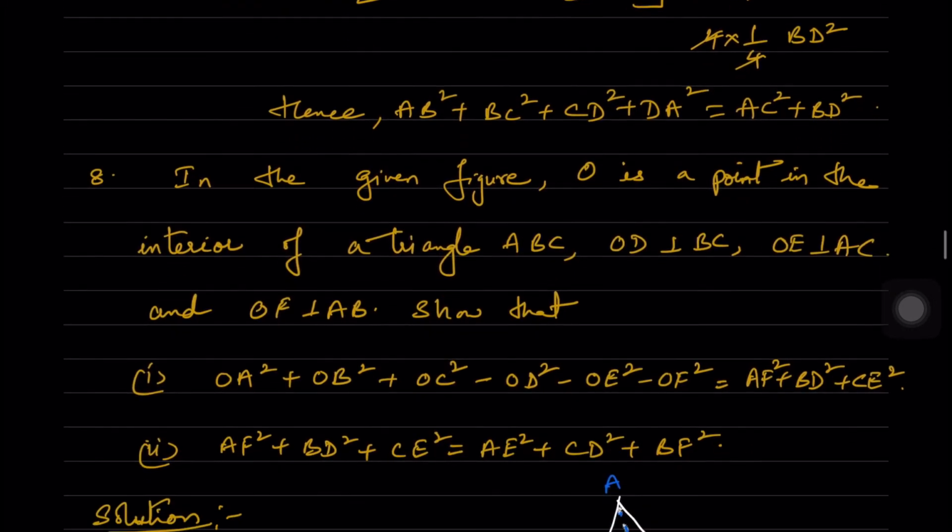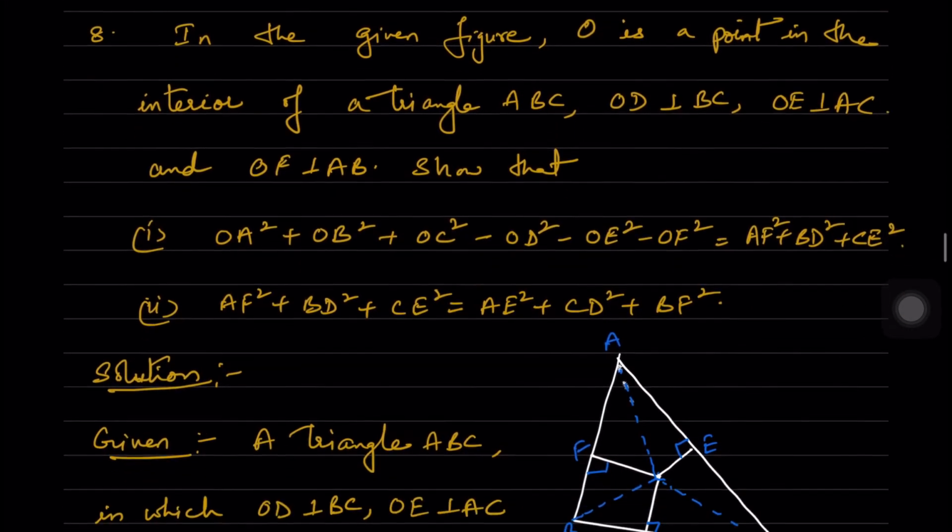Now going into the 8th problem. In the given figure, O is a point in the interior of triangle ABC. OD is perpendicular to BC, OE is perpendicular to AC, OF is perpendicular to AB.